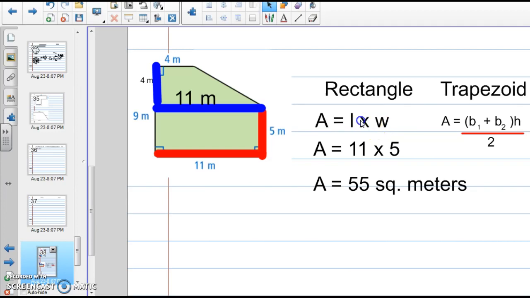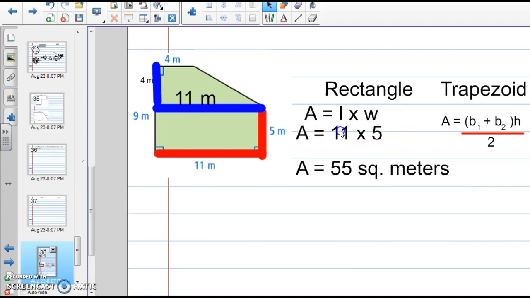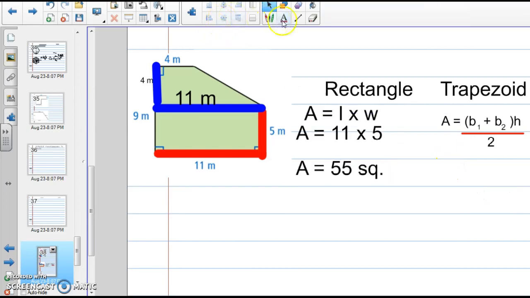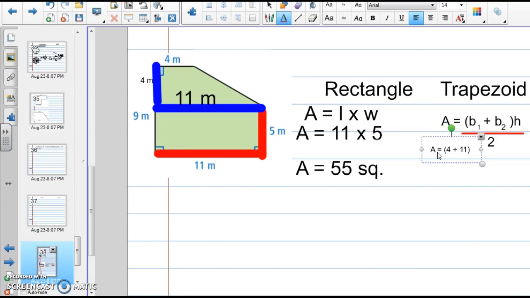Okay, now that we know all of the dimensions for our trapezoid, let's go ahead and find the area of it. According to our formula, we're going to add the 2 bases. So my bases are 4 and 11. Those are the 2 parallel sides. And we're going to multiply that by the height, which is 4.